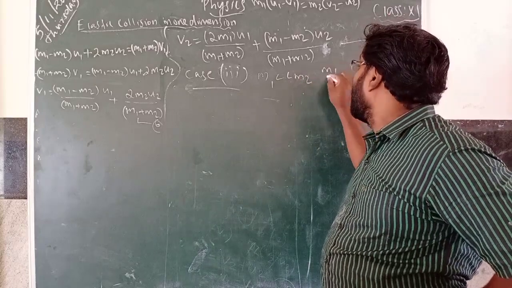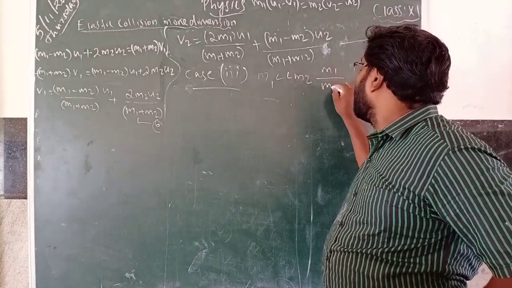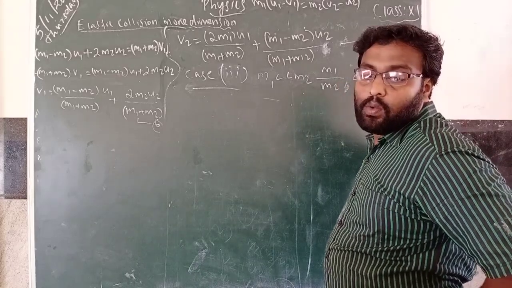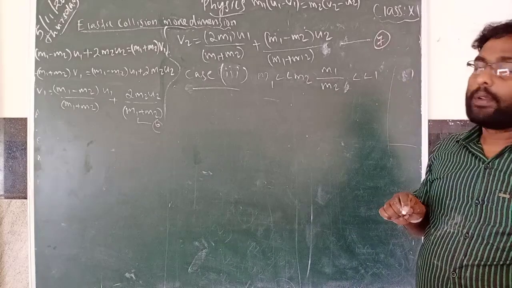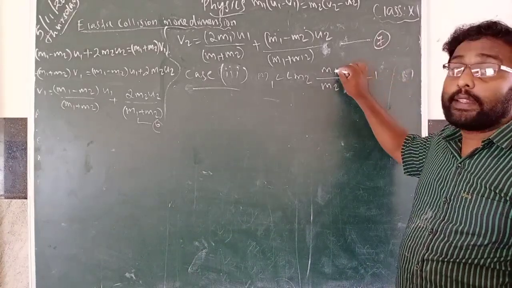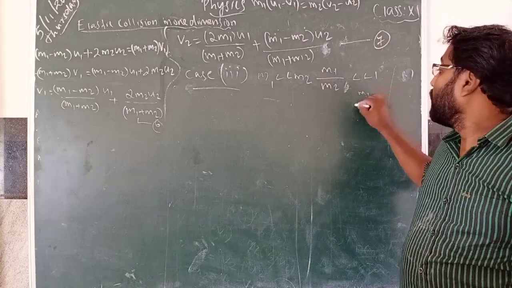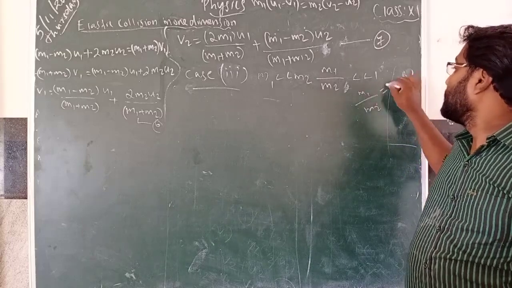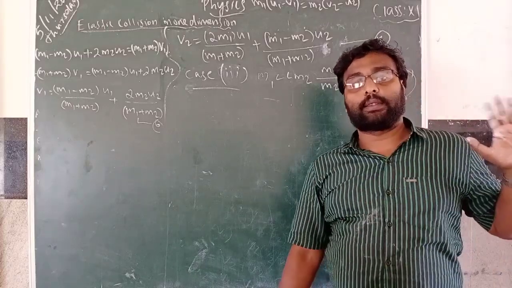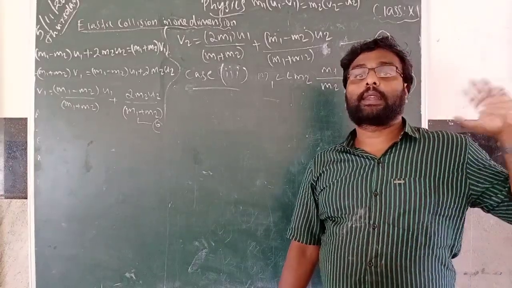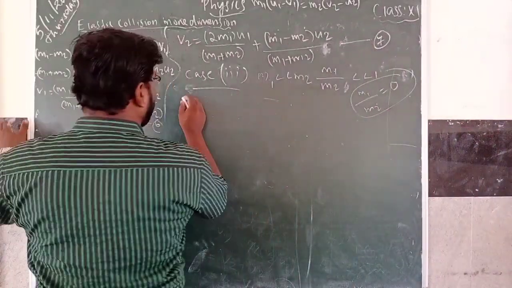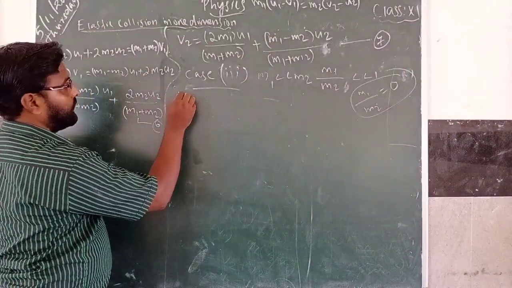So M1 divided by M2 is very much less than 1. So this ratio M1 by M2 means 0. M1 by M2 means you will get 0. That is case 3. So what you have to do is take equation 6.